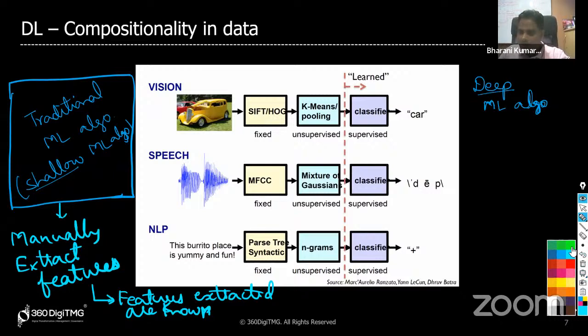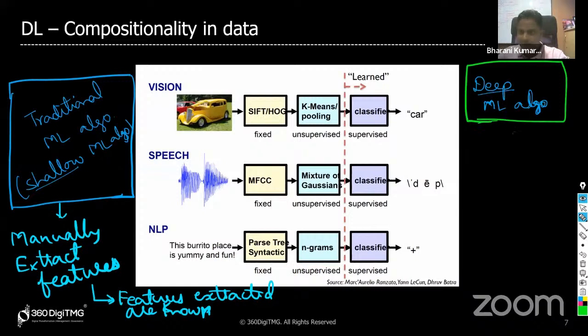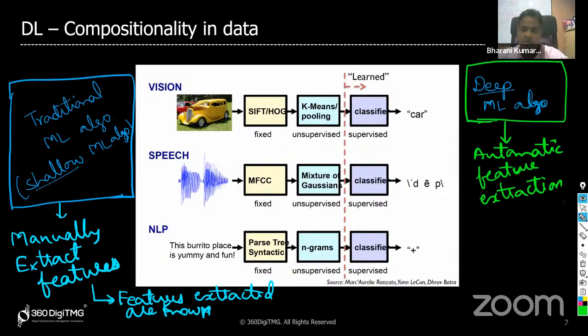When it comes to deep learning algorithms, the features are automatically extracted. So you have automatic feature extraction. It'll be fast because you're automatically extracting the features.